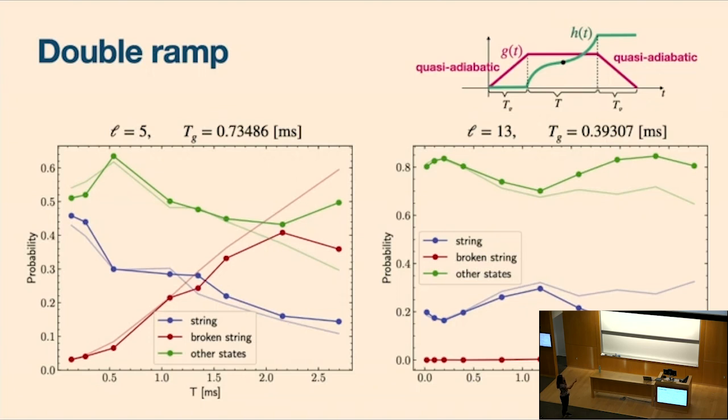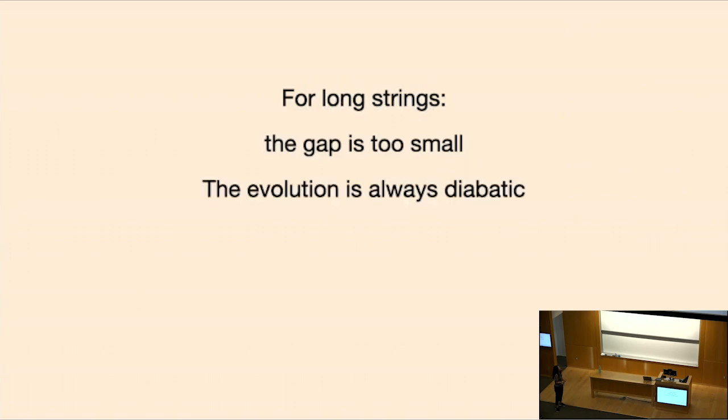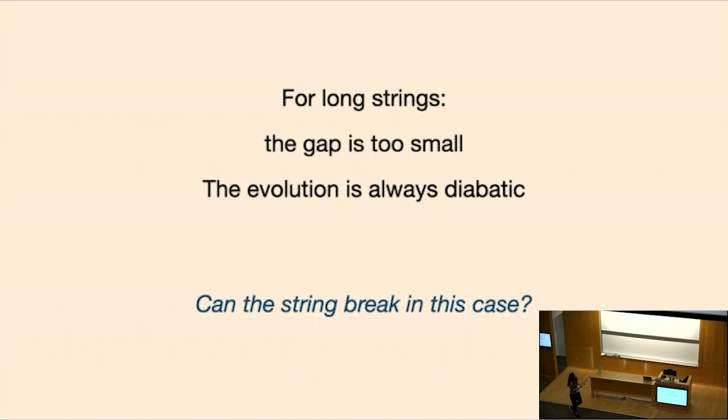And so as you see here, you'll always stay in the string state. You'll never end up in the broken string state. So, for longer strings, the gap is too small. The evolution is diabatic. So can the string break in this case?